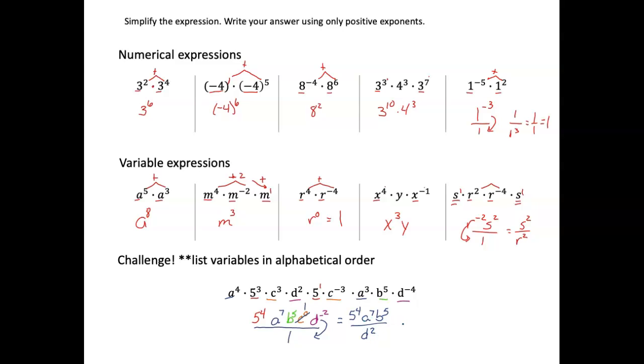Now if they're simplifying, they would actually take the 5 to the 4th, and 5 to the 4th is like 25 times 25. So that's 625. A to the 7th, b to the 5th, over d squared. So remember, keep the like bases. Add your exponents.